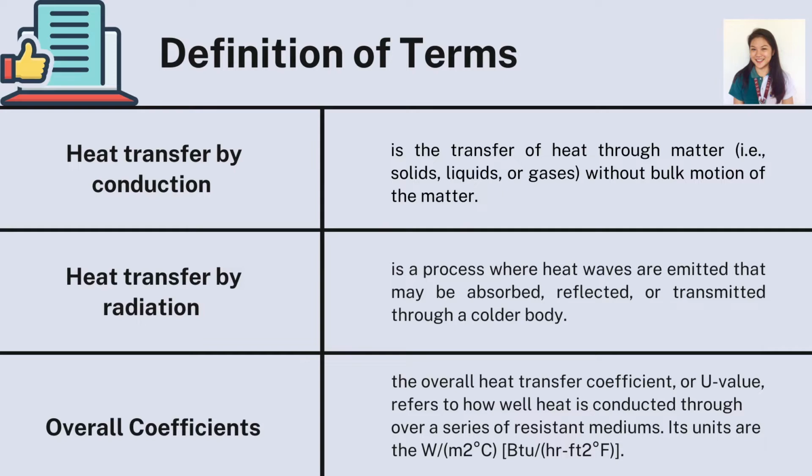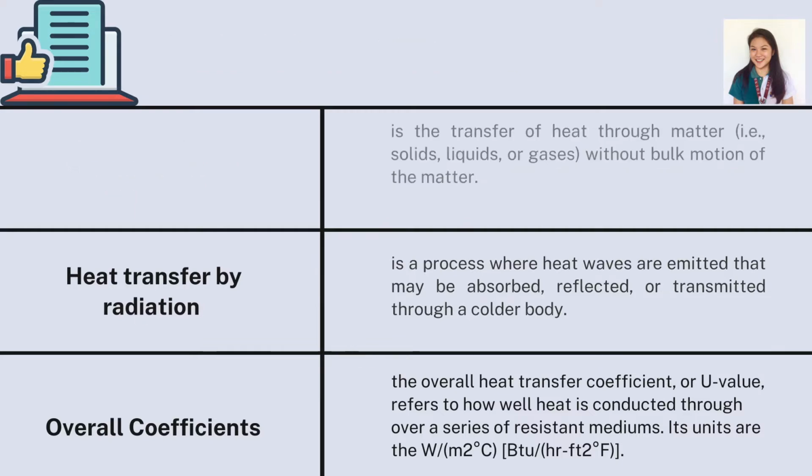The overall heat transfer coefficient, or U value, refers to how well heat is conducted through a series of resistant mediums. Its units are watts per meter squared degrees Celsius, or BTU per hour feet squared Fahrenheit.